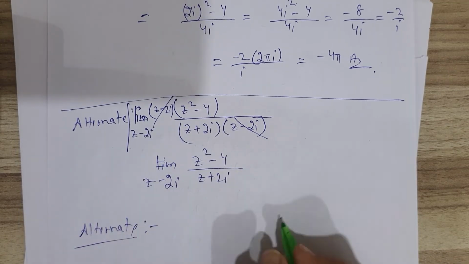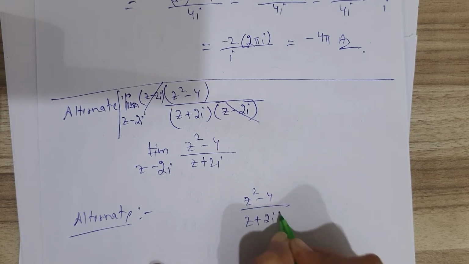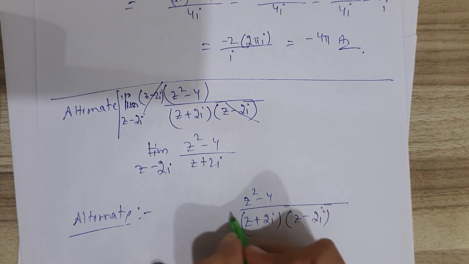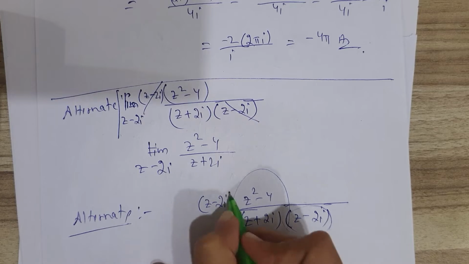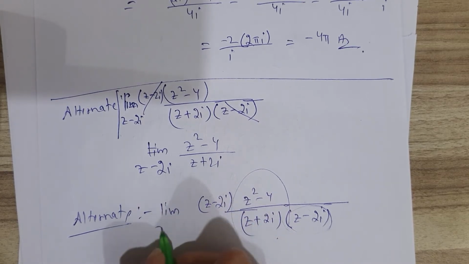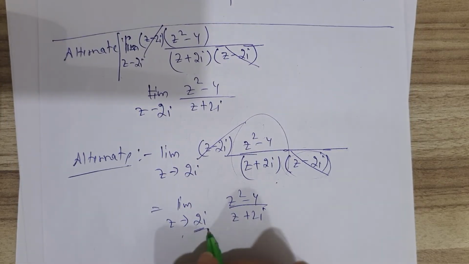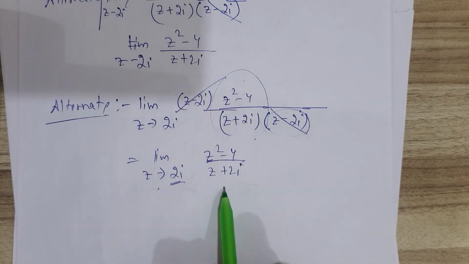I am writing it again clearly. You can write it like this also. This is the function. Now we are clear that f(z) is this. So in the next step, you can write it like this. Now put the value of z here and get the answer. It's a way to write. You can write it like this also, or like this also.